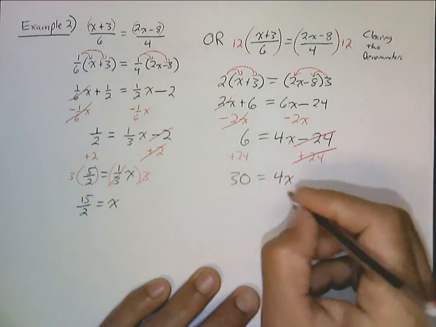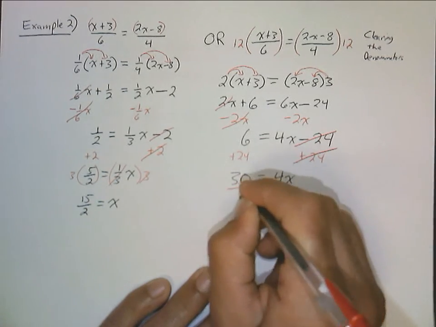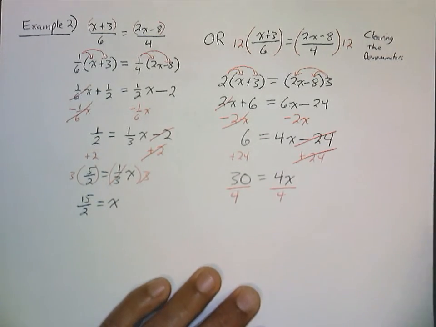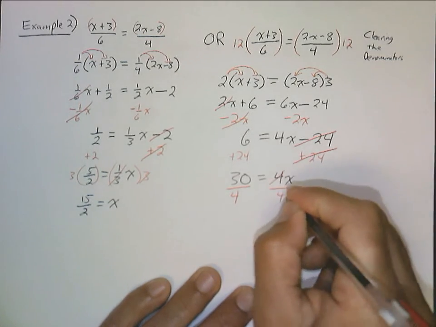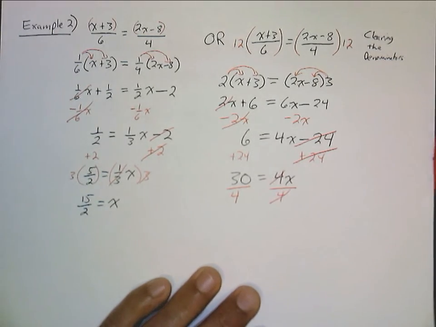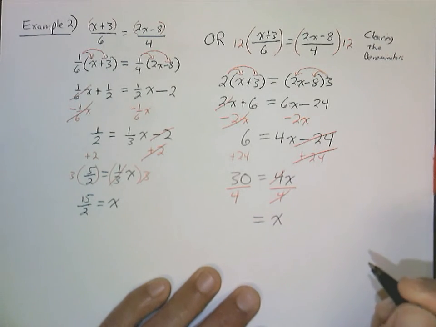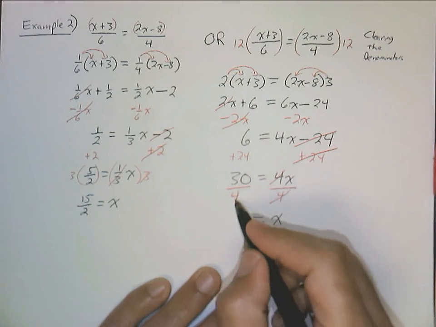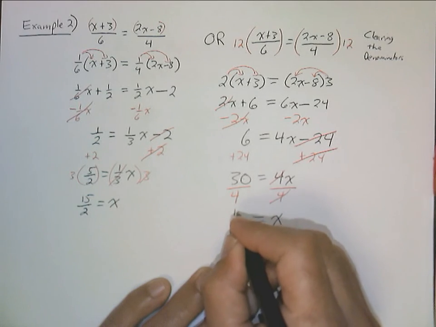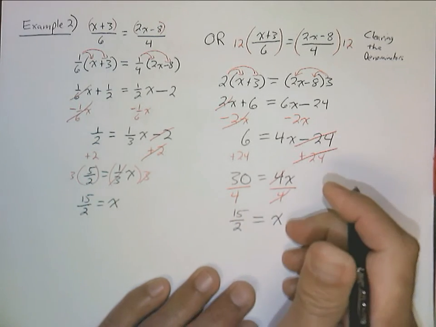Now we undo the multiplying by 4 by dividing both sides by 4. 4 on top cancels with the 4 on bottom there. On the right-hand side, we have just x now. And of course, 30 over 4 simplifies down to 15 halves again.